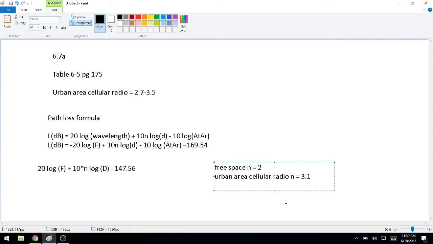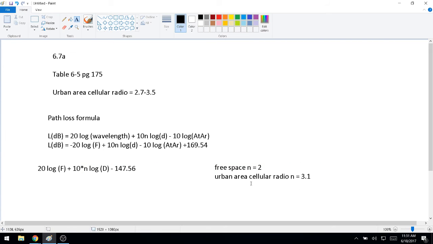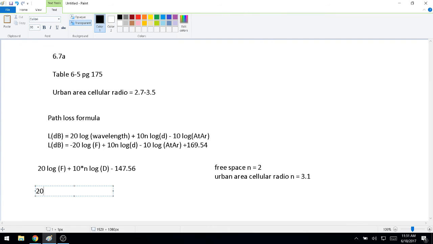So instead of doing our normal free space loss formula, which is 20 log d, we're instead using 20 log f plus 31 log d minus 147.56.